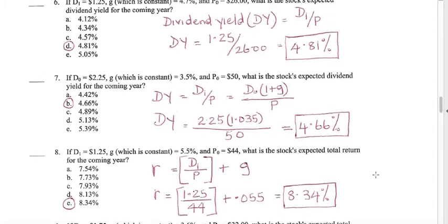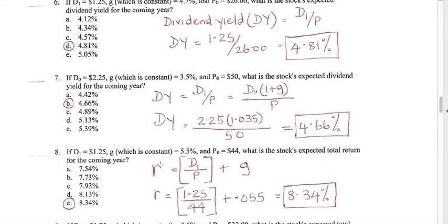In number 8, you're given D1 of $1.25. You're told the constant growth rate is 5.5%. And the price of the stock is $44. And you're asked, what is the stock's expected total return for the coming year? Once again, you've been given this formula.